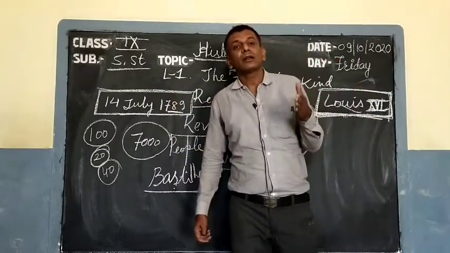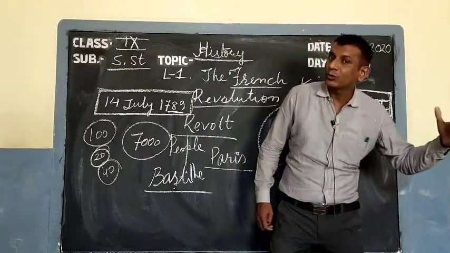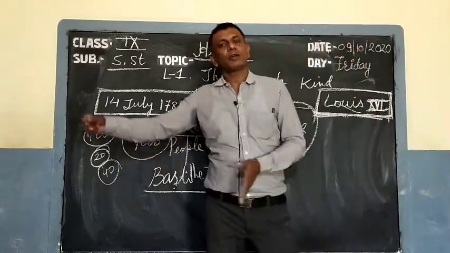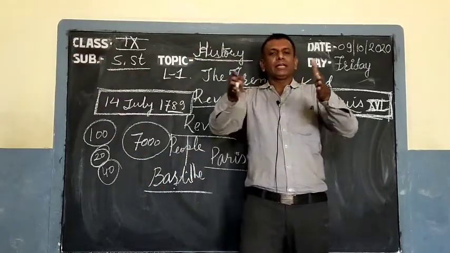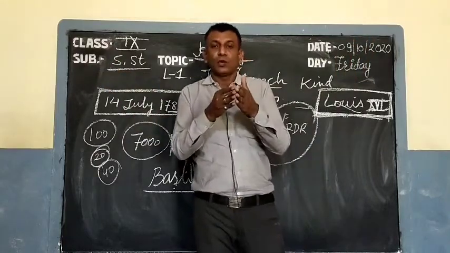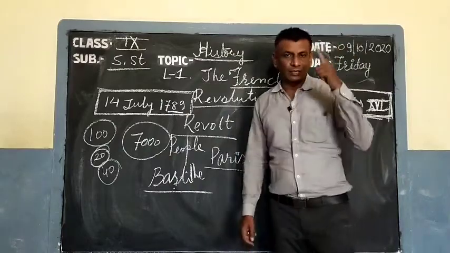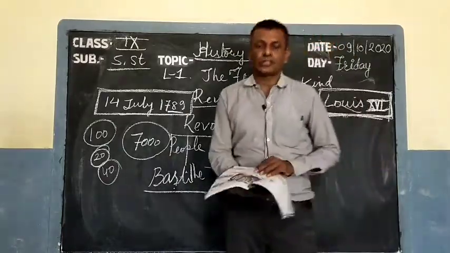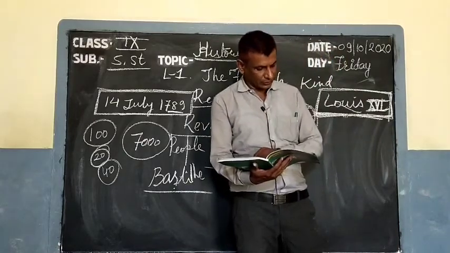The poor people were becoming poorer and poorer, the rich people were becoming richer and richer. So this became one reason of the revolution. I'm telling you the reasons of revolution so you can understand well.